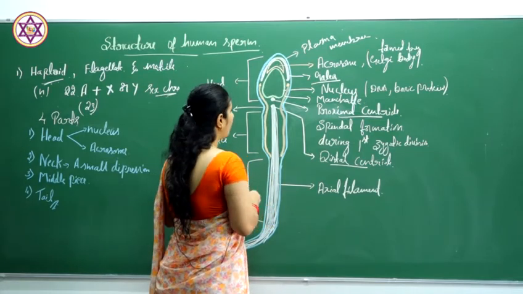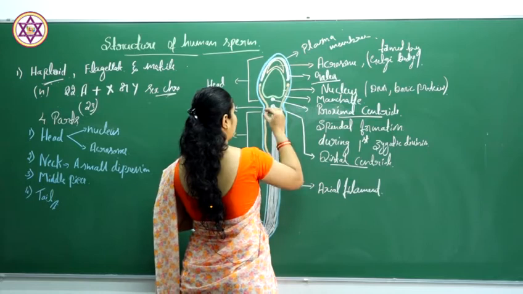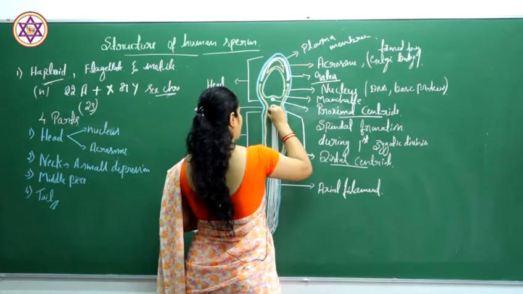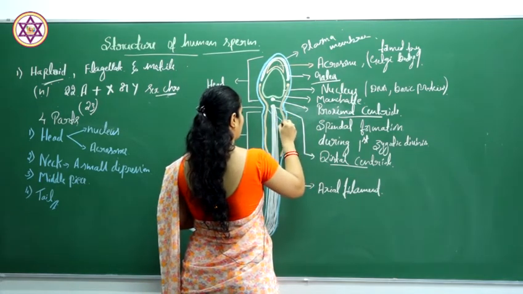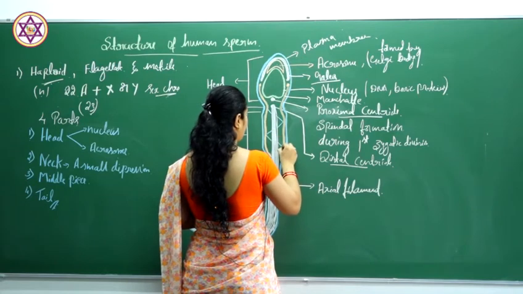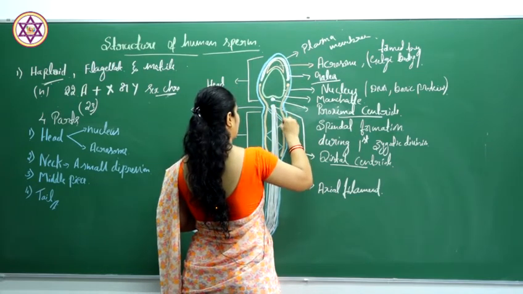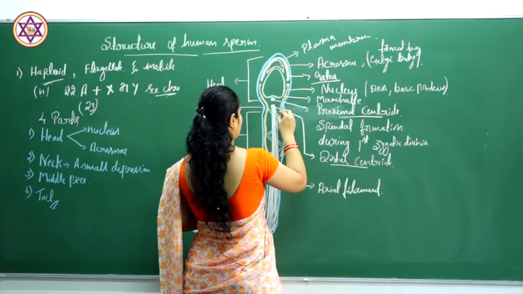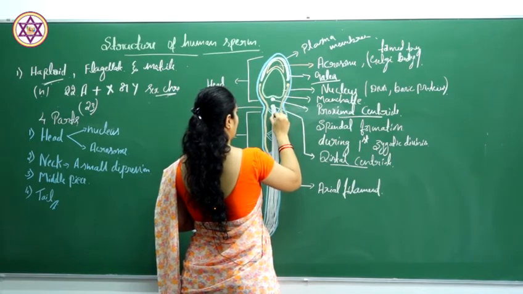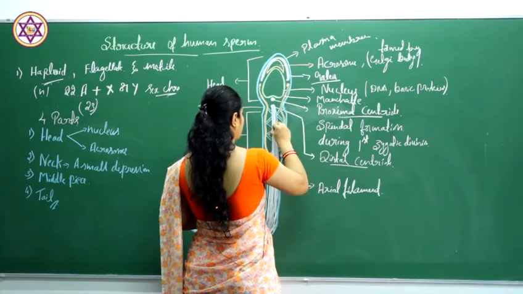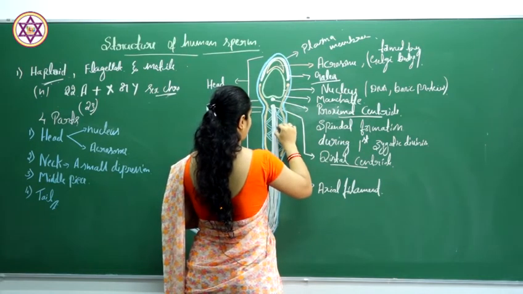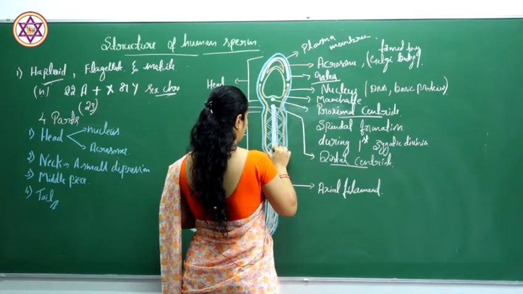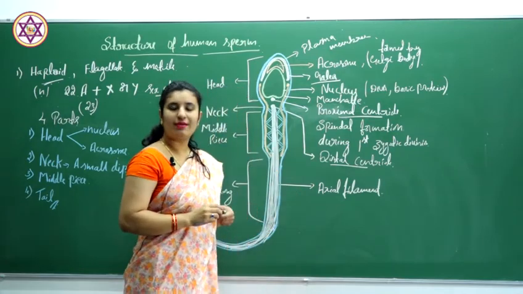Here we have a very important structure, that is called the spirally arranged mitochondria, which is spiral and ribbon-like.